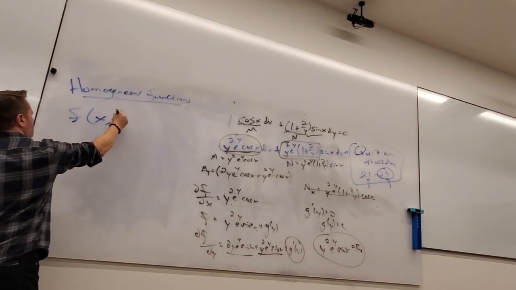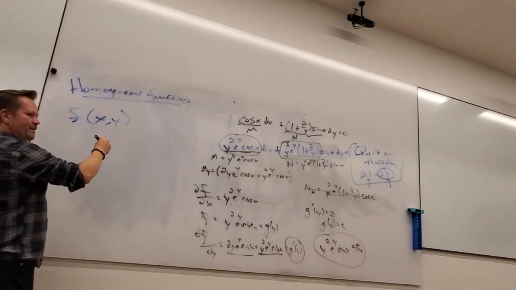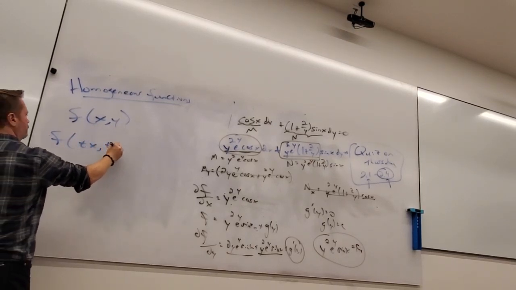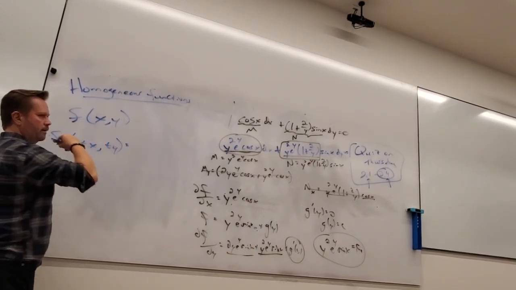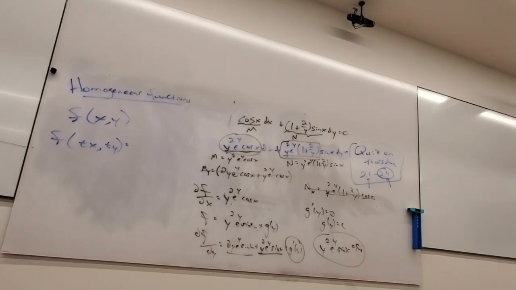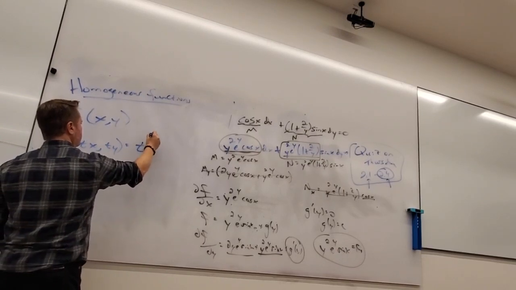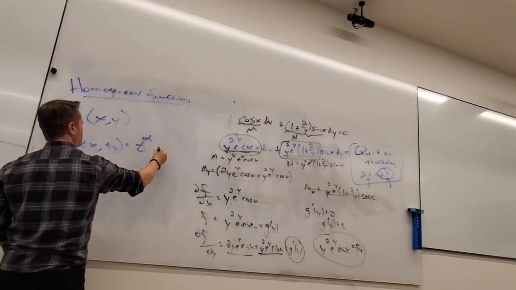If I have a function of x and y just sitting there, and I replace x with tx and y with ty, what I'm able to do, and this is the technical definition, is take a t to a power out.